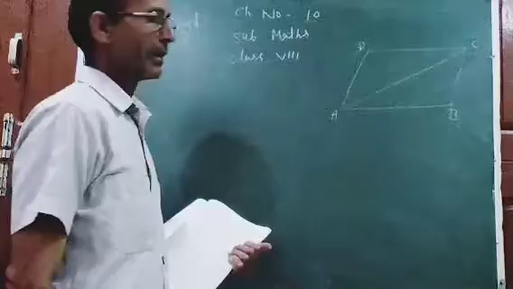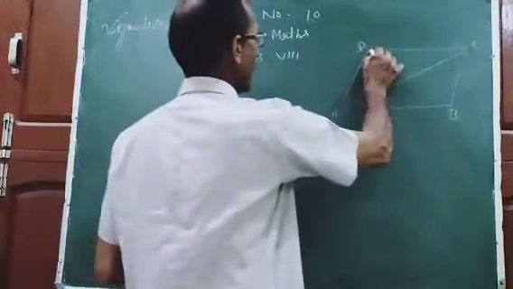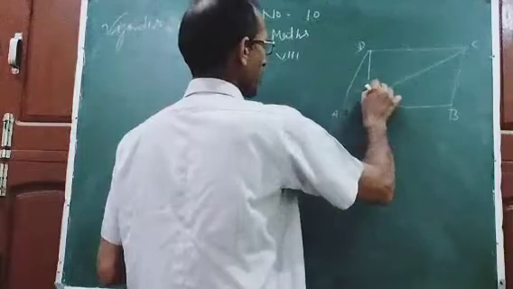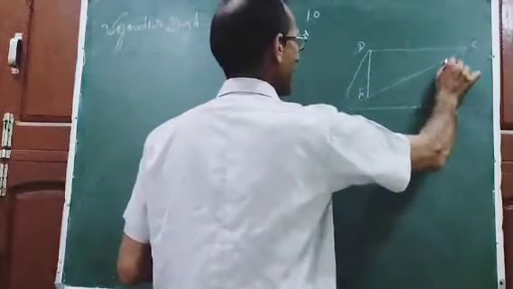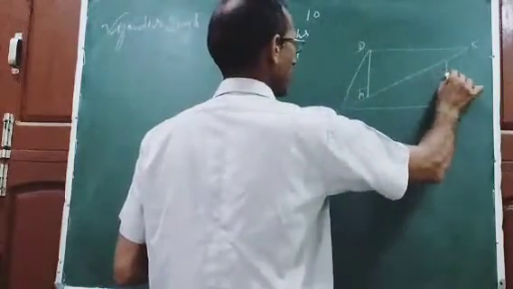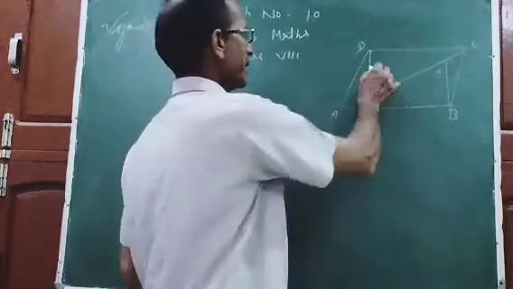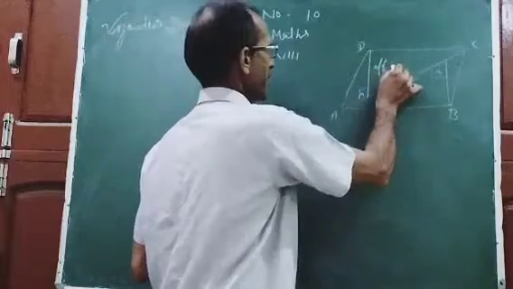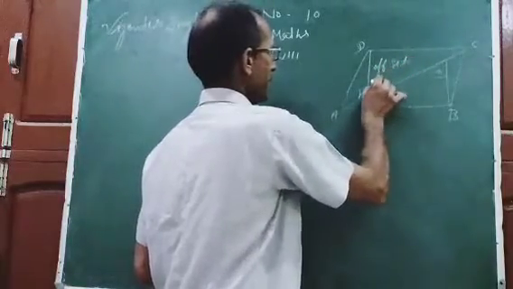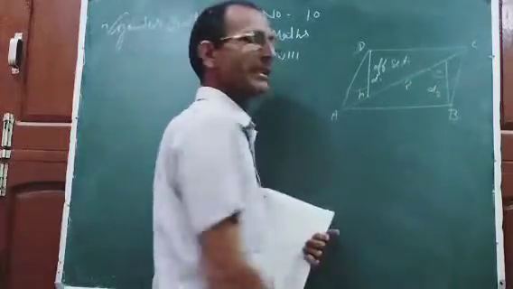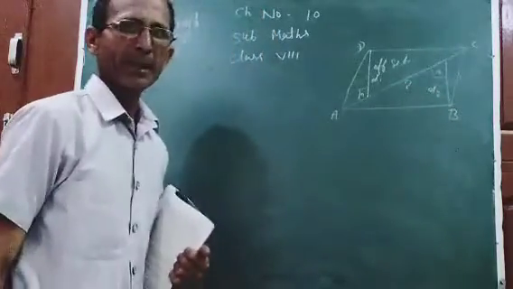Area is given, and from the vertex D, a perpendicular is drawn to this diagonal, and another perpendicular is drawn on this diagonal. These are called offsets. It means d1 into d2. So we have to find the length of the diagonal.